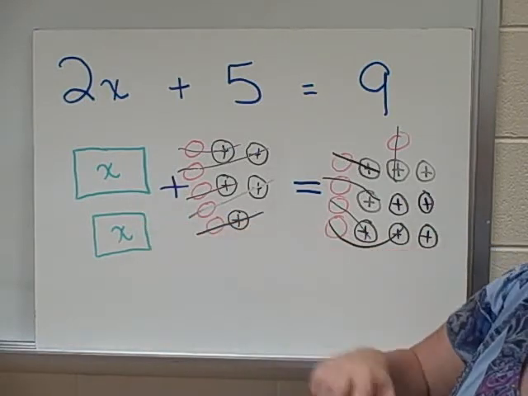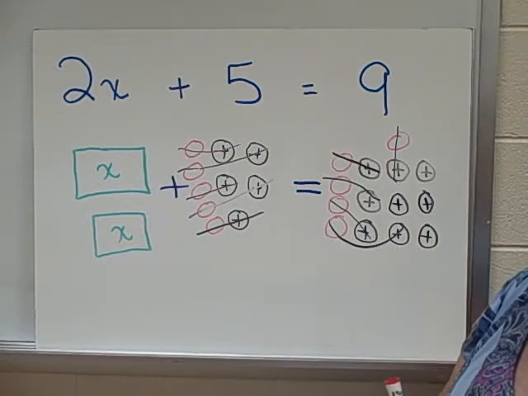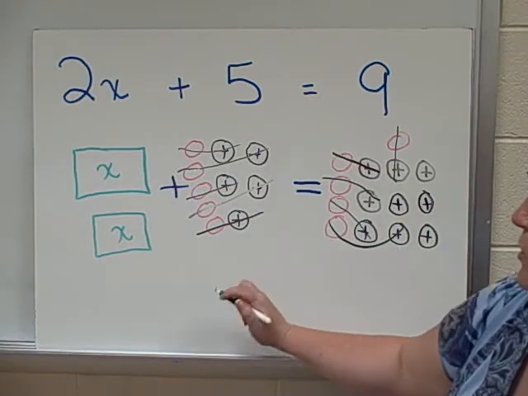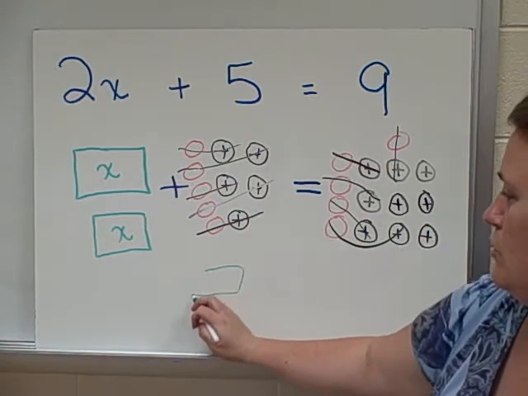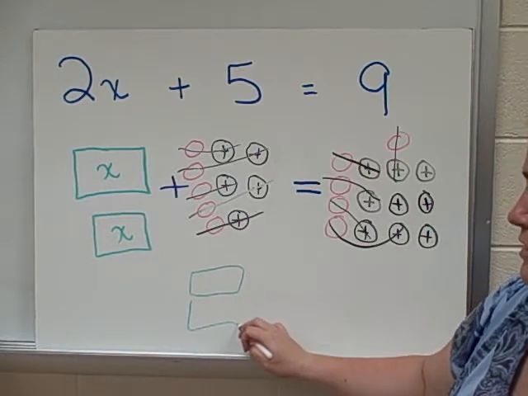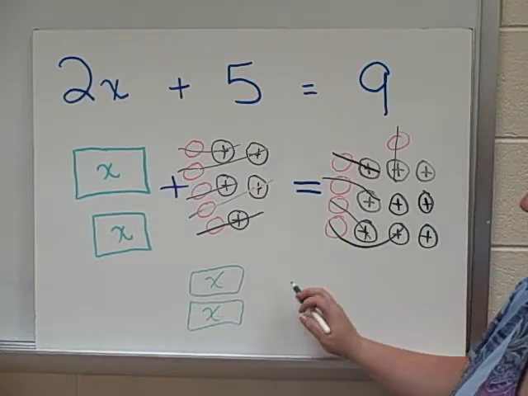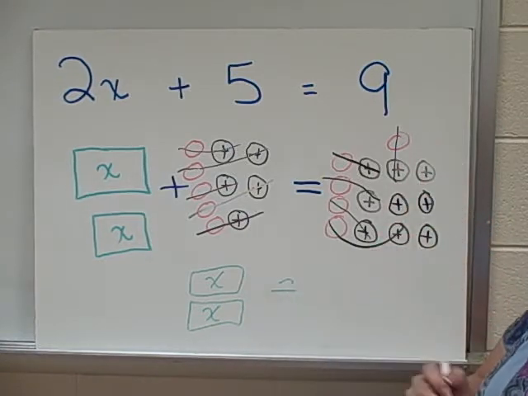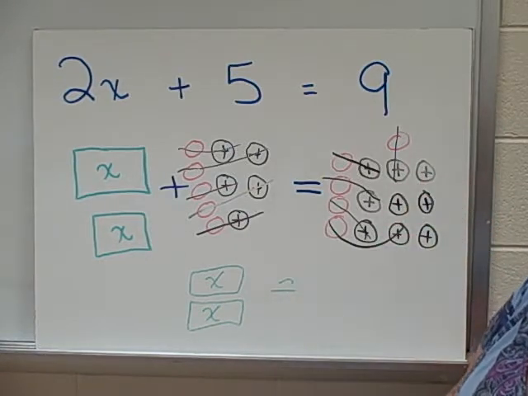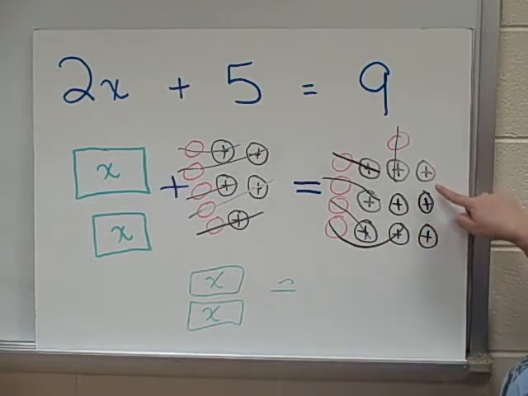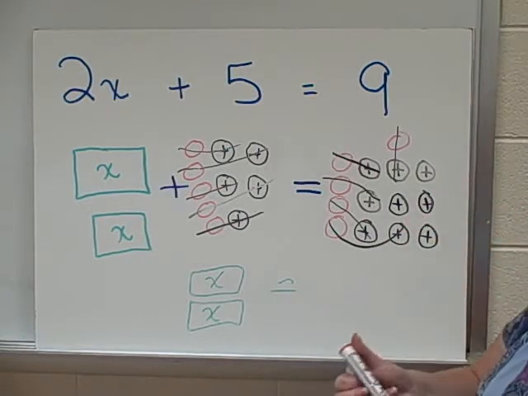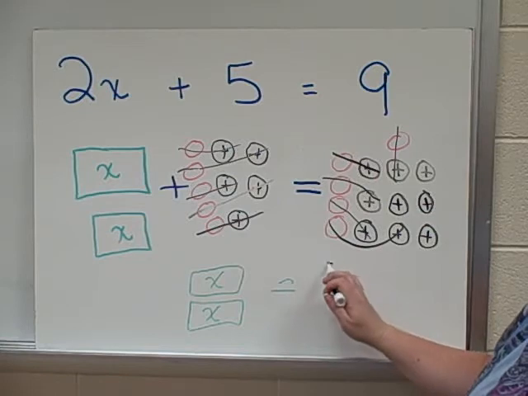Well, on this side of the equal sign, it leaves me with 2 x's. And on this side of the equal sign, it leaves me with 1, 2, 3, 4 positives.